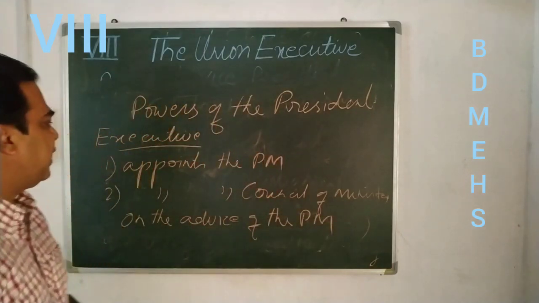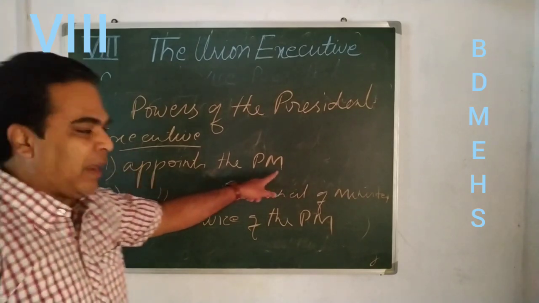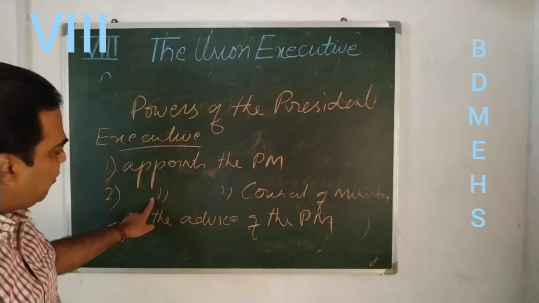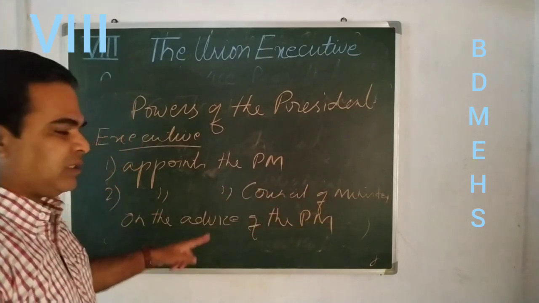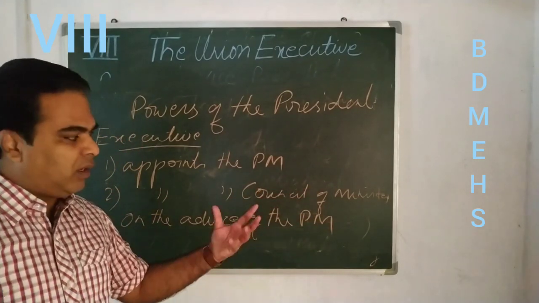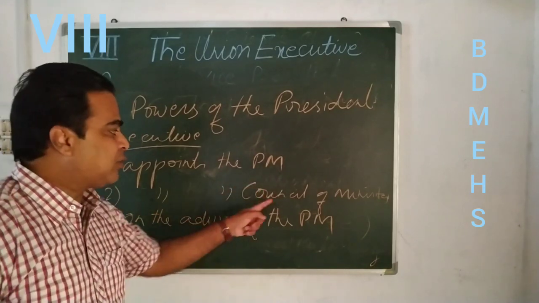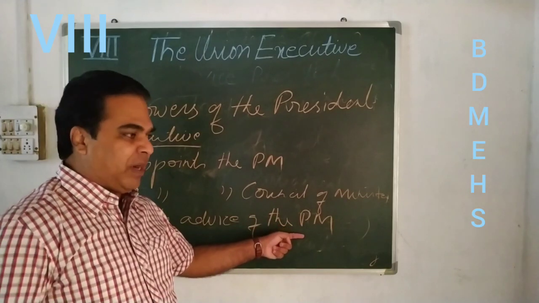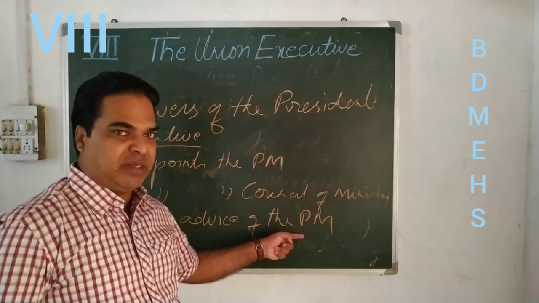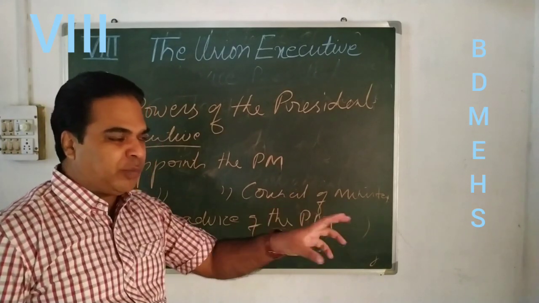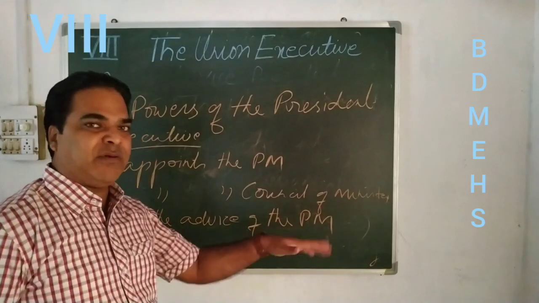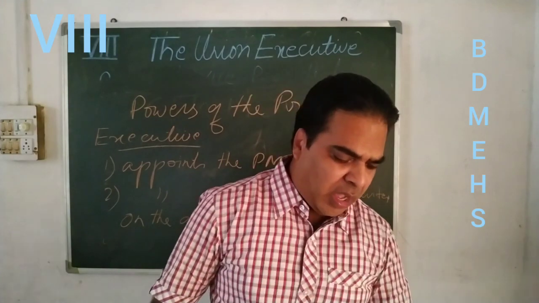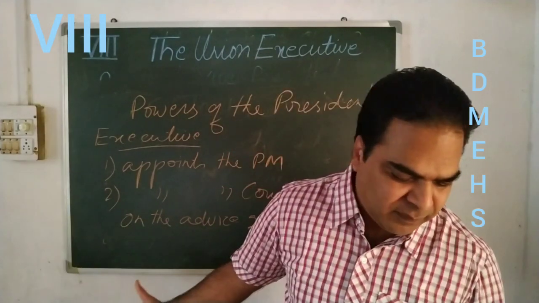So let me tell you once again. The president appoints the prime minister, and the president appoints the council of ministers, the other ministers who are the helping hand of the prime minister. They are also appointed by the president, but on the advice of the prime minister. The prime minister forms the council of ministers. He decides who is going to be the minister, those names are given to the president, and the president appoints them.